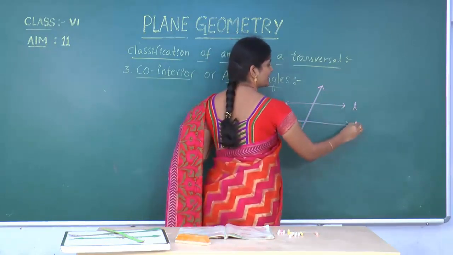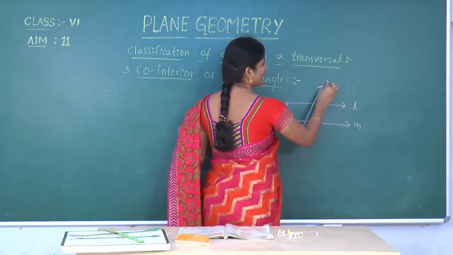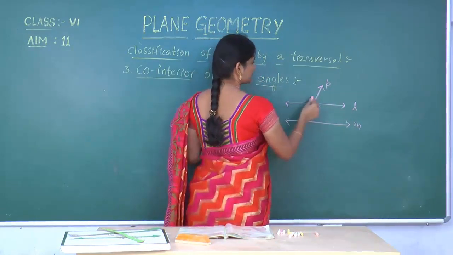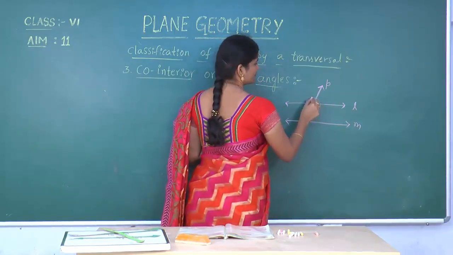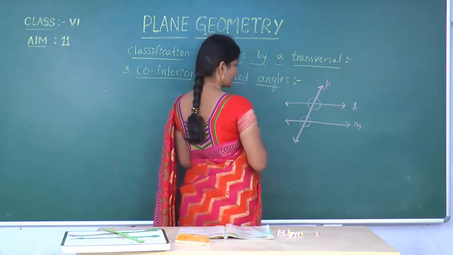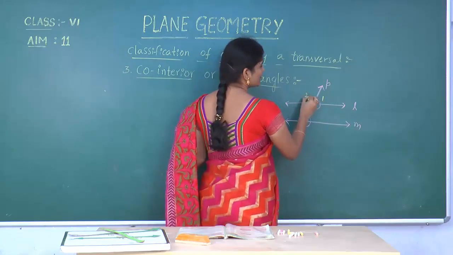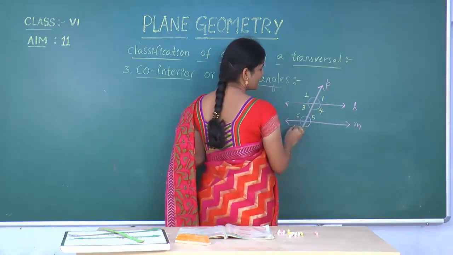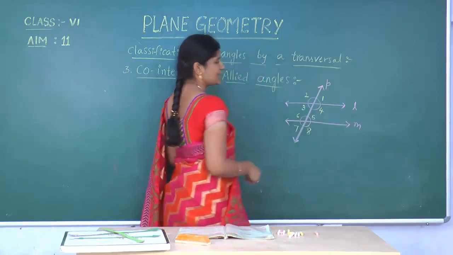And here it is L, and it is M, and it is P. Now let me note down the angles. Those are 1, 2, 3, 4, 5, 6, 7 and 8.